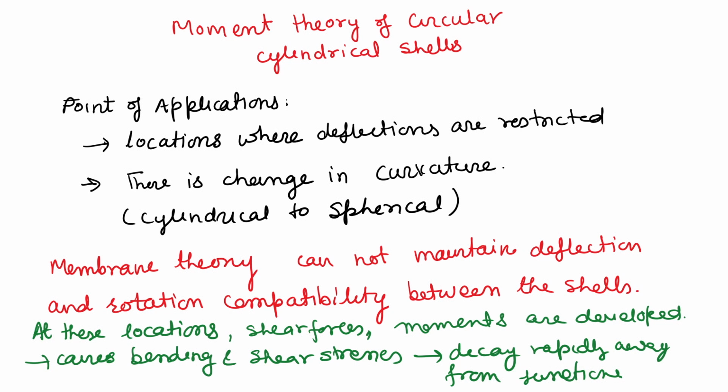That solution for a circular cylindrical shell is possible for some cases. Circular cylindrical shells are used extensively for structural applications, and at locations where deflections are restricted, the boundary conditions are expressed in terms of deflections.